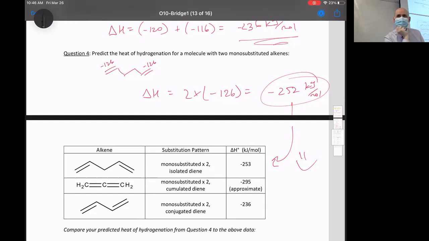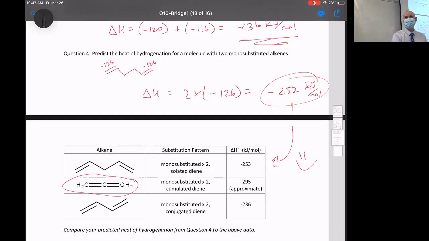Correct. But I want to point out the numbers here. This is 40 kilojoules per mole less stable than a normal diene. That's a lot. It is. So going back to our very first page, the difference between monosubstituted and tetrasubstituted was only like 15 kilojoules per mole. So this is a huge gap. You will never see these in nature. Why not?